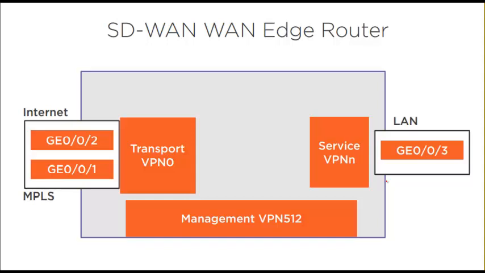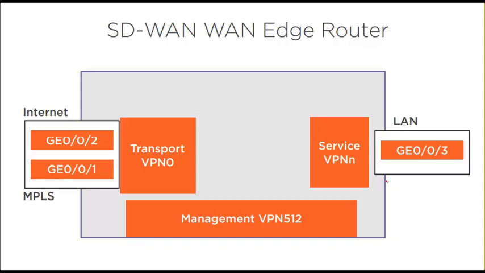If you can't understand, just interchange the word VPN with VRF. You can assign multiple interfaces to VRF, no? Like you can assign multiple interfaces to VPN 0. One interface may be MPLS, one interface may be internet. So you can have multiple transport interfaces for the same transport VPN.